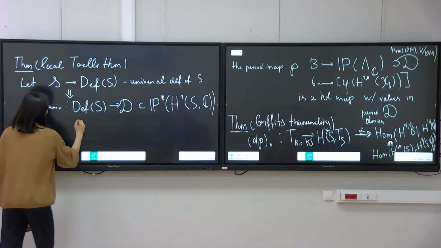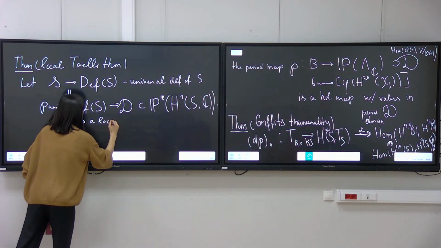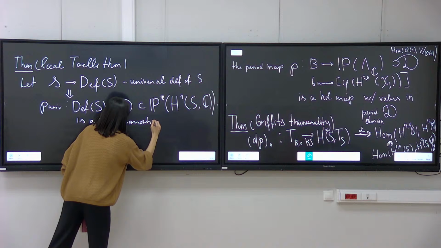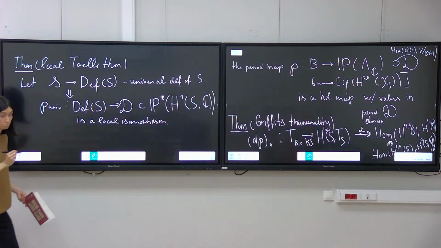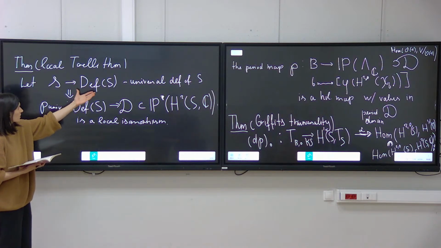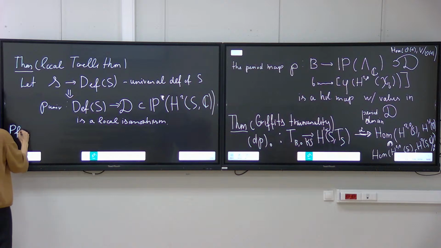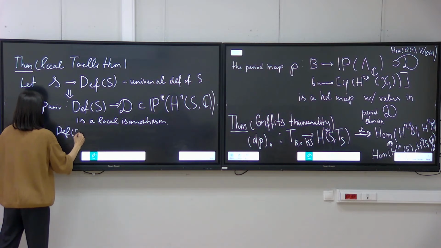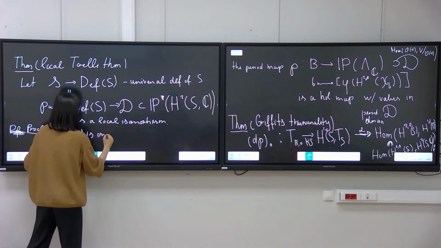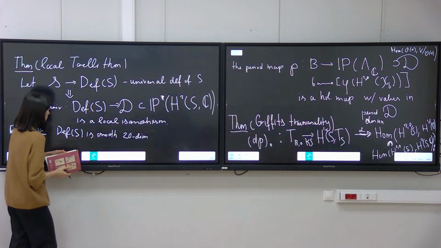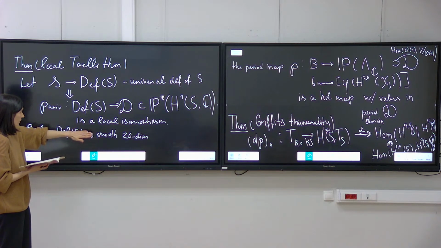And now I claim that this is a local isomorphism. Okay? So what do we have here? We have already discussed that proof: the deformation of S is smooth and we can suppose that this is simply connected.